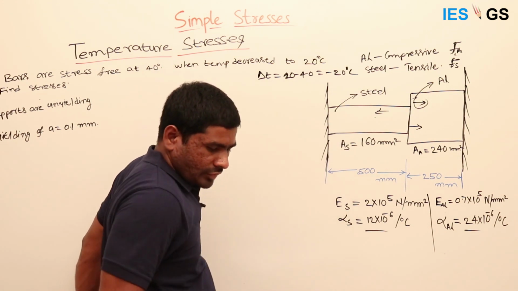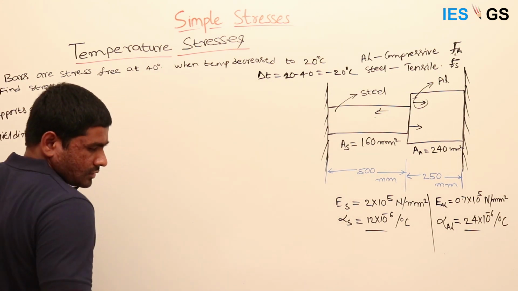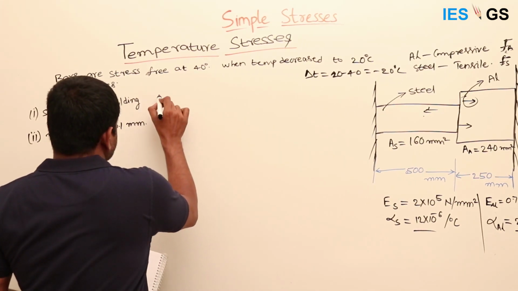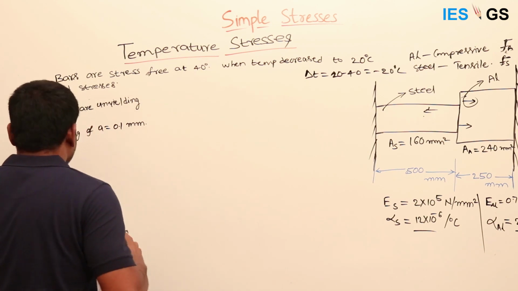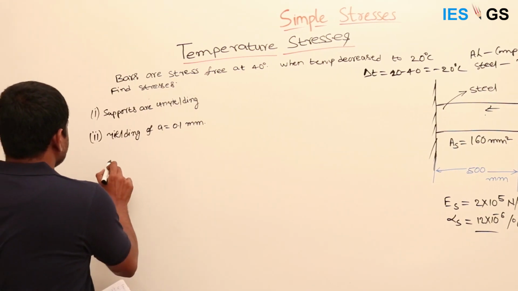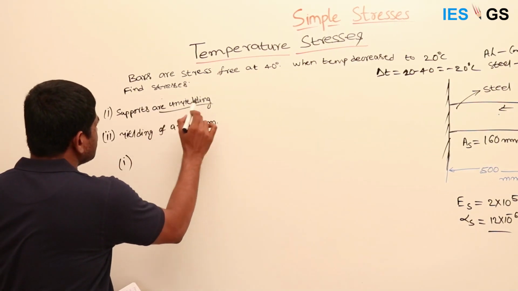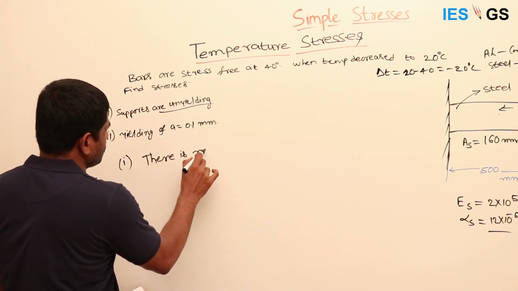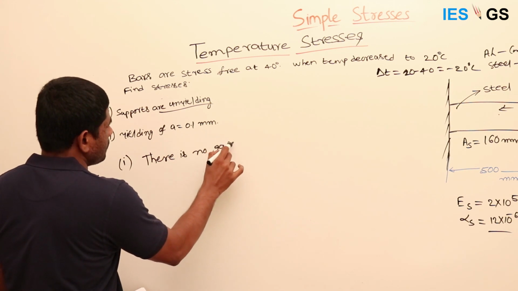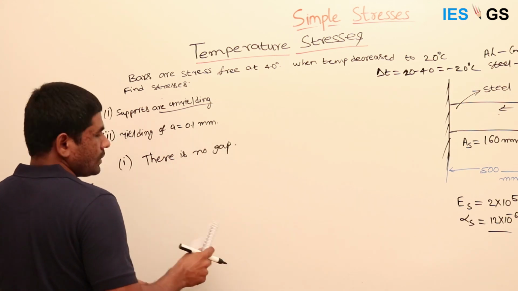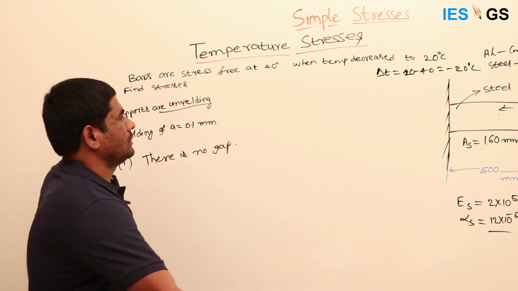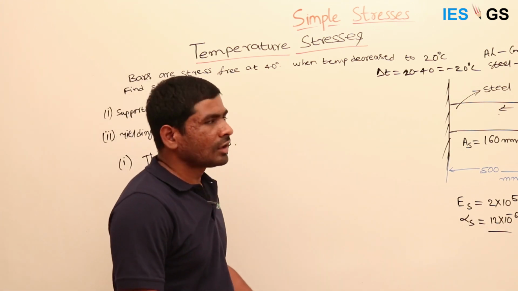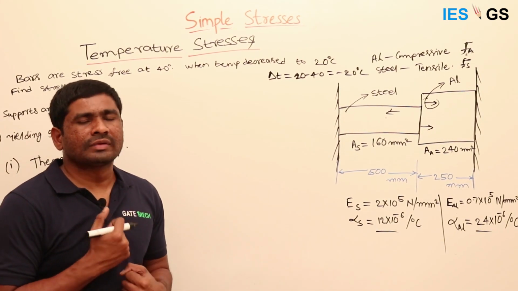So we will take the first case. In the first case I will start from here because there is a space constraint. In the first case, supports are unyielding, or there is no gap here. When there is no gap, these two rods are not allowed to contract freely.